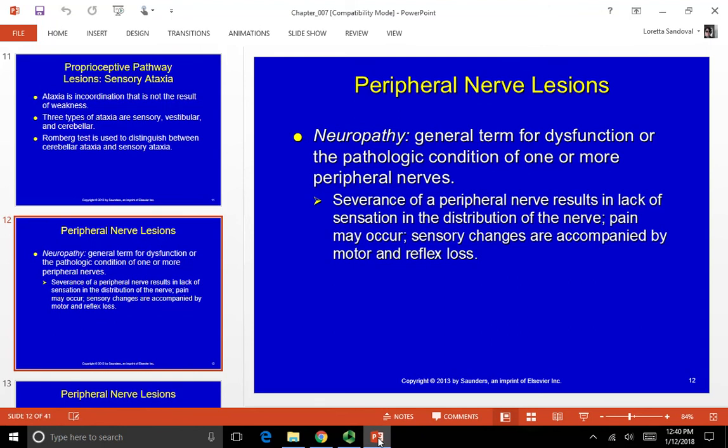You can have pain with the surrounding neurons, and sensory changes are often accompanied by motor and reflex loss. You will hear a lot of times people say, oh, I have peripheral neuropathy, or I have neuropathy, and it can result from diabetes, it can result from many other things, and it can be idiopathic, where it just comes on for no discernible reason.